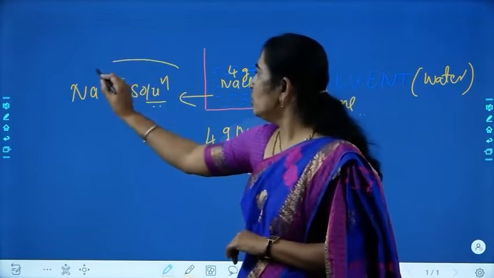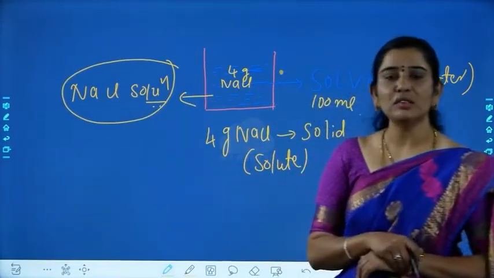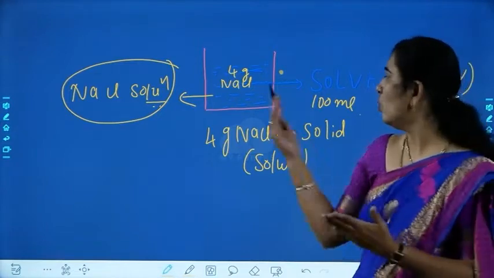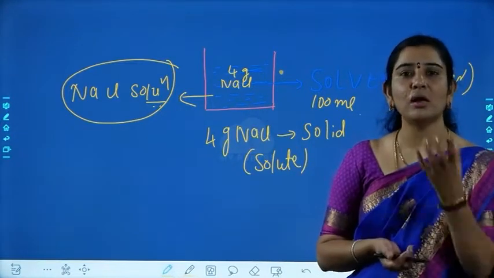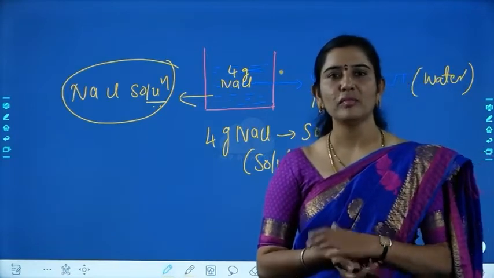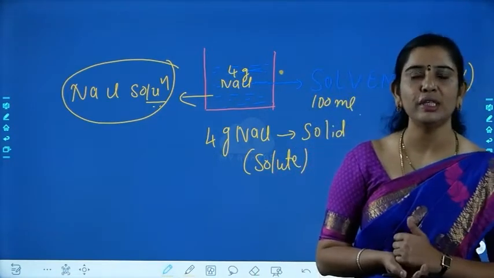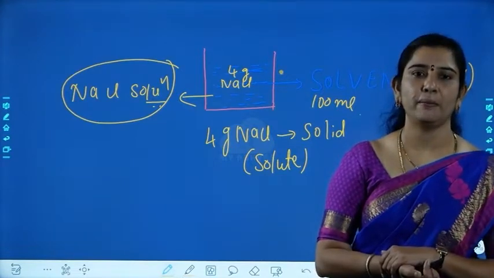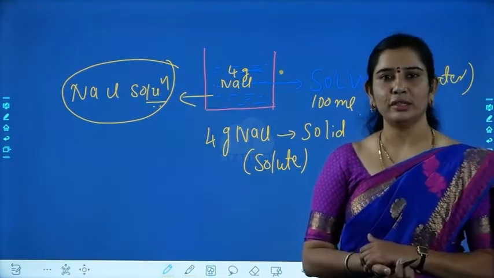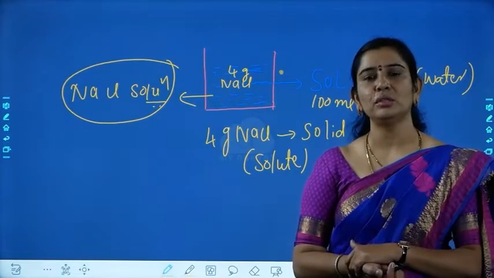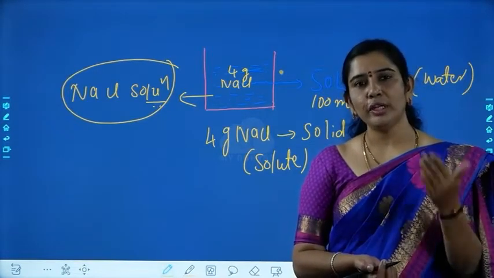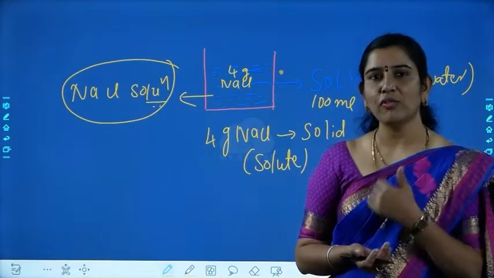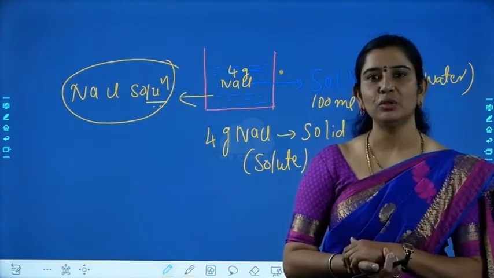Now we need to know the strength of the solution, which we call concentration. After preparing the solution, the next step is to determine the concentration. Sometimes we need to determine the amount of the substance, and sometimes the number of components present in the solution.